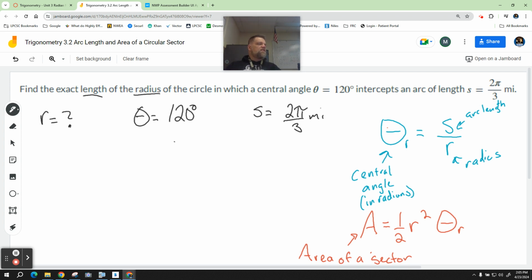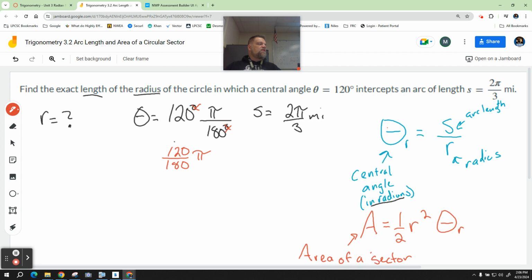Well, theta is in degrees. They gave me in degrees. And remember, for this formula, I need radians. So that's easy enough. I'm going to multiply this by pi over 180 degrees. The reason that I do that is because the degrees will cancel out. So then this becomes 120 over 180 times pi.